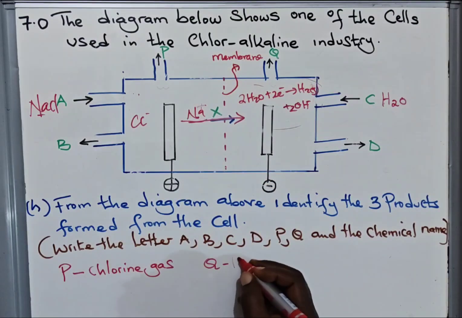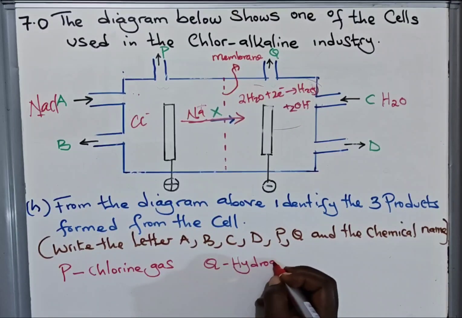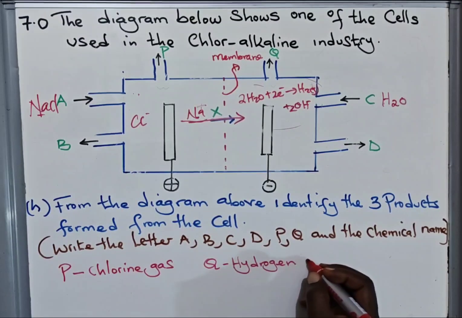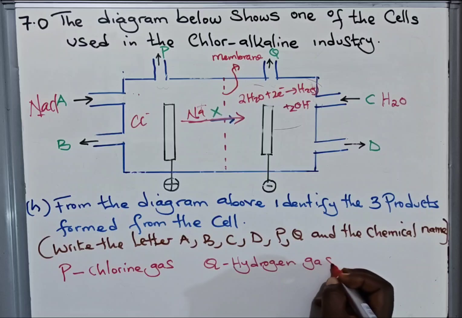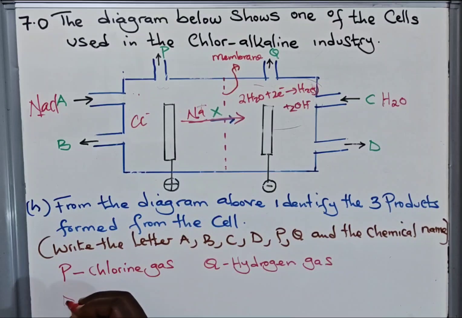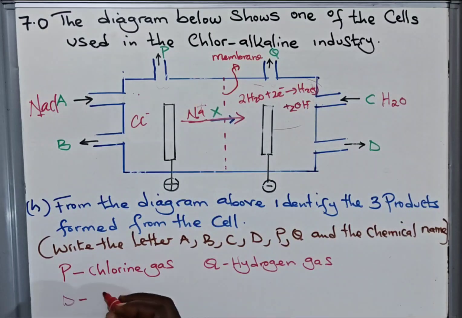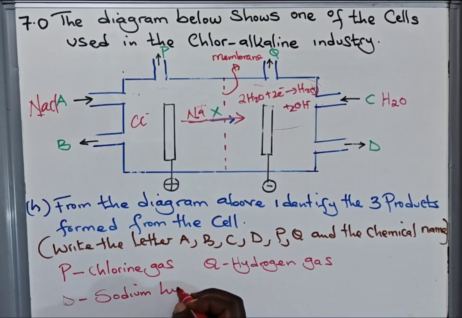It is hydrogen gas. Then our next product is D. D is a product. And what's the chemical name of D? D is sodium hydroxide.